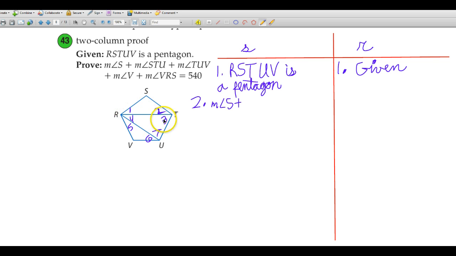So 1 and 2, 3, 4, 7, 6, and 5. So back to what I was saying. The measure of angle S plus the measure of angle 1 plus the measure of angle 2 is 180. Likewise, the measure of angle 3 plus 4 plus 7 is 180.